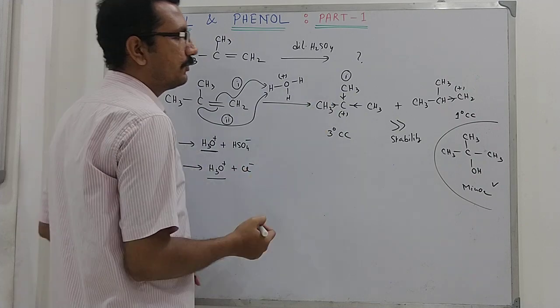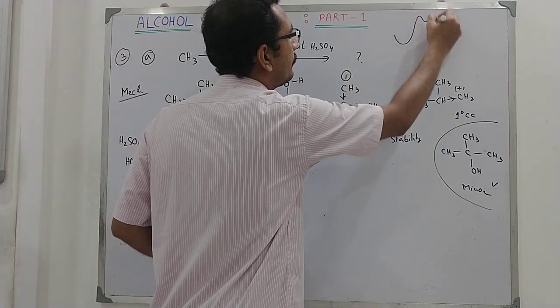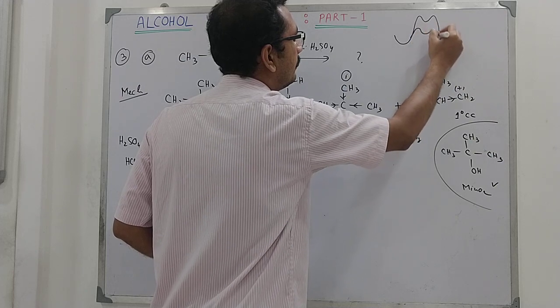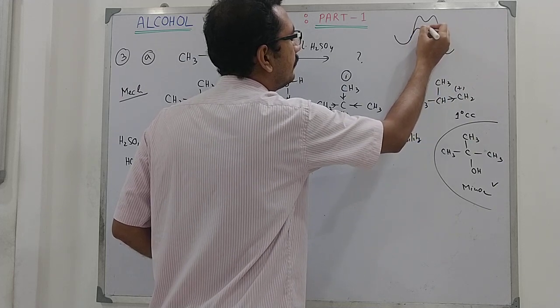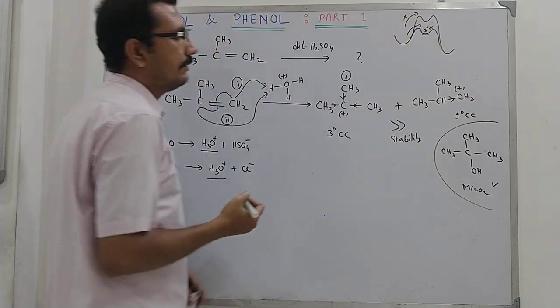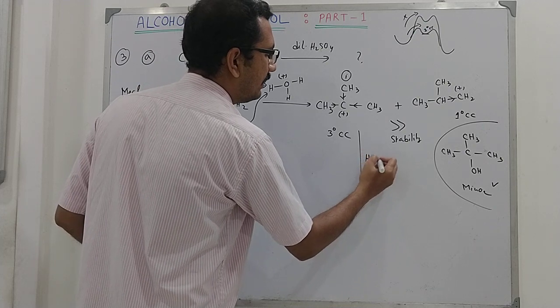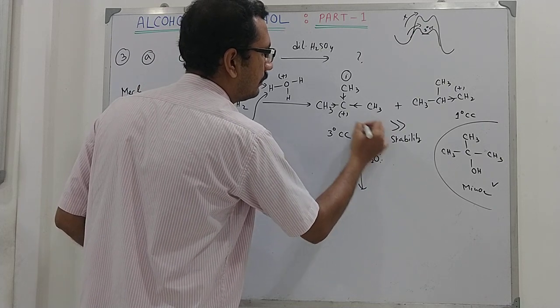So this is much more stable. Like before, the intermediate here will be more stable, so it will pass through this 3 degree carbocation and it will not cross through this path. Now water will attack first.